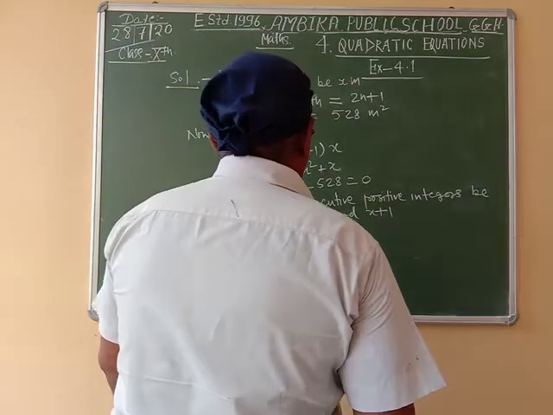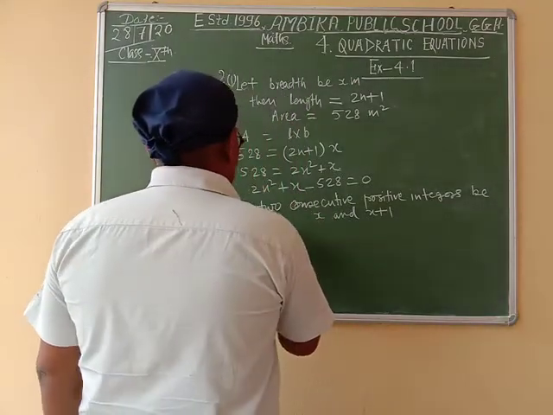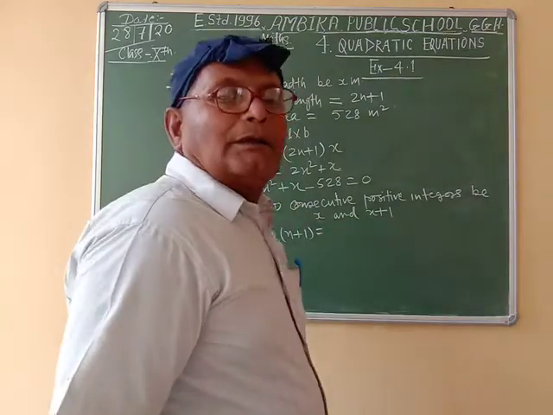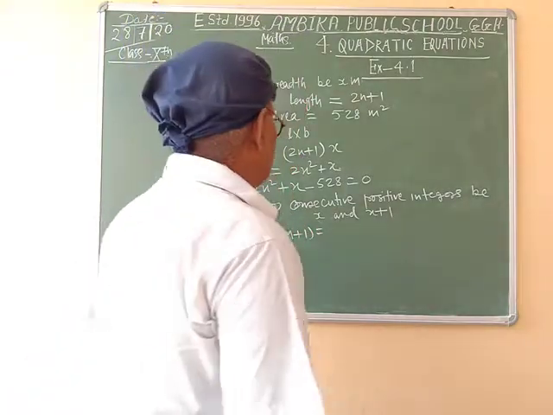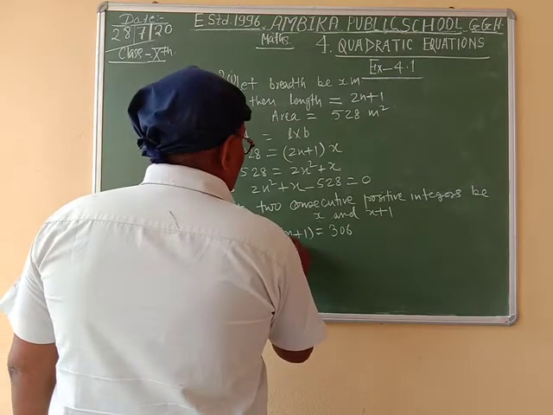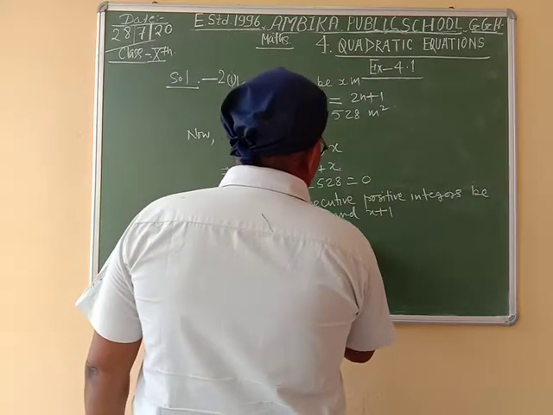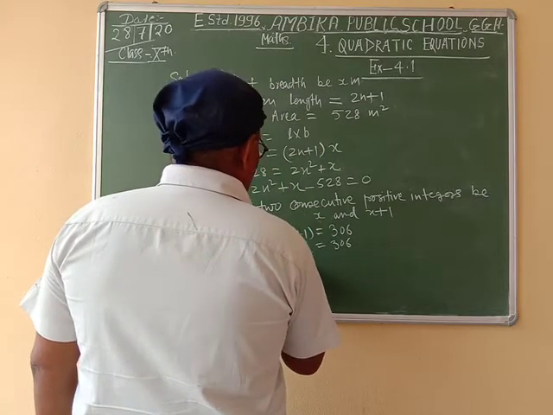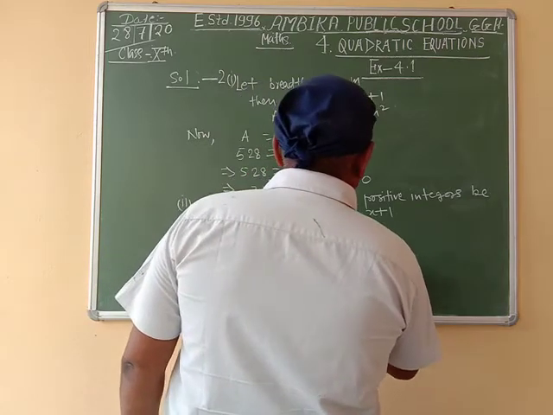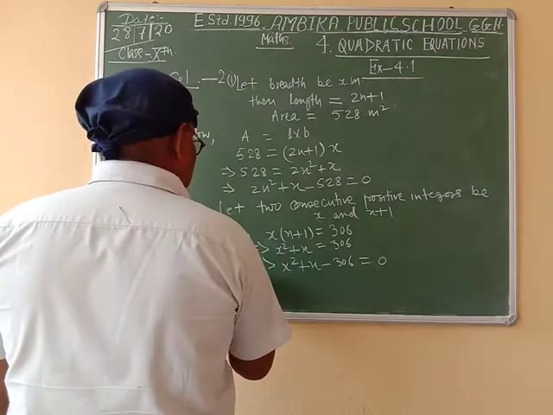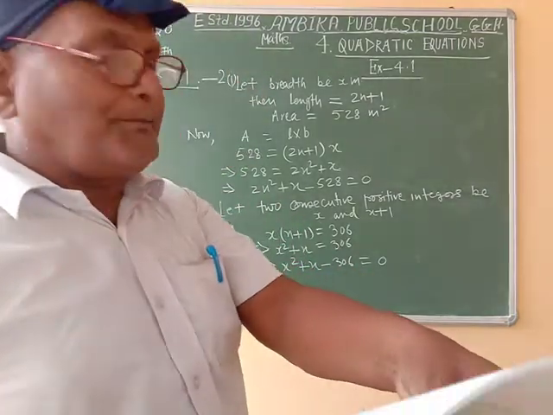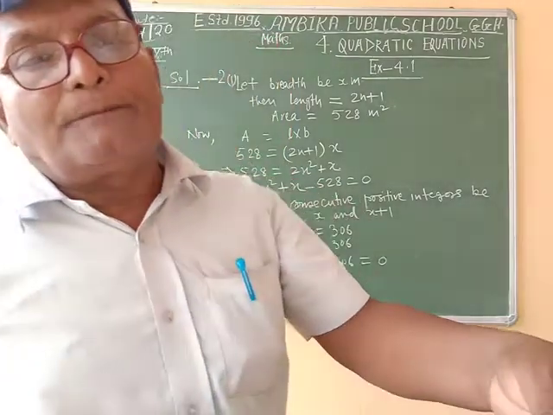So we can write in form of equation x into x plus 1 is equal to 306, or x square plus x is equal to 306, or x square plus x minus 306 is equal to 0. It represents a quadratic equation.